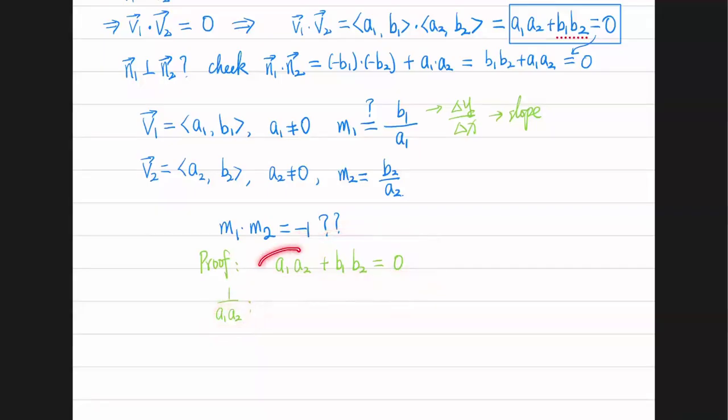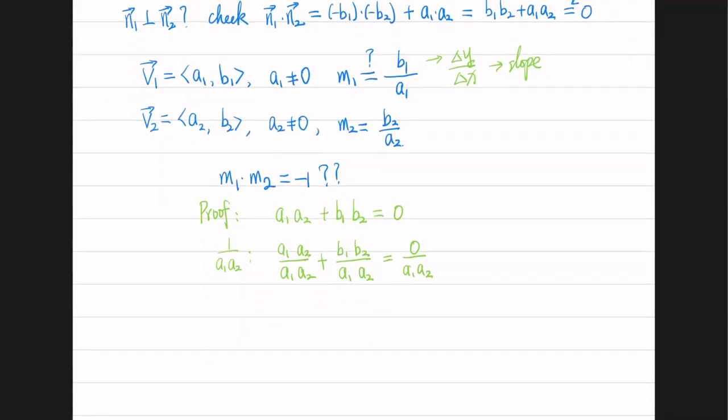So A1 A2 plus B1 B2, over A1 A2. This part goes to B1 B2 over A1 A2, and this part goes to A1 A2 over A1 A2. And 0 over A1 A2. Very easy.